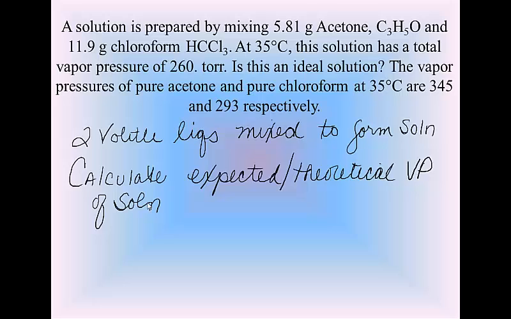I have liquid acetone, which is the solute because it's a smaller amount, and liquid chloroform, which is the solvent because it's in a larger quantity. Of the two, I'm going to expect the acetone to be in a larger quantity in the vapor than the chloroform, only because the acetone has the higher pure vapor pressure. Acetone's is 345 compared to 293. So the acetone evaporates more than the chloroform.